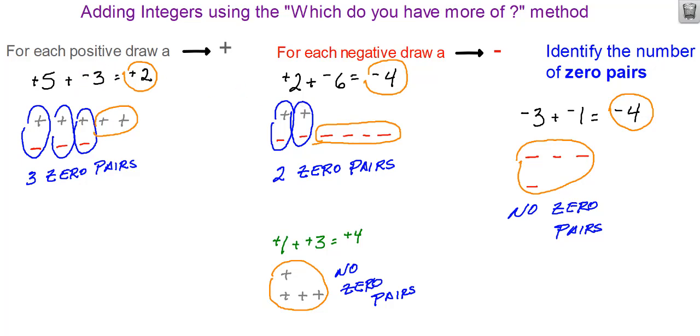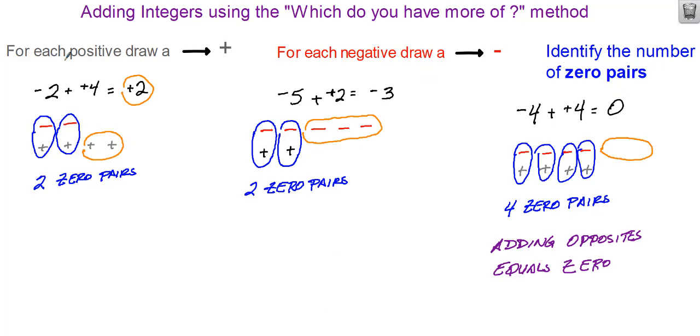Over here on the next, we had the same situation. We had 2 positives. We had 6 negatives, so we can only create 2 zero pairs because we only have 2 things to cancel out. On this problem, we had no zero pairs because there was nothing to cancel out. Everything was negatives. Everything was the same kind of thing. Here we go.